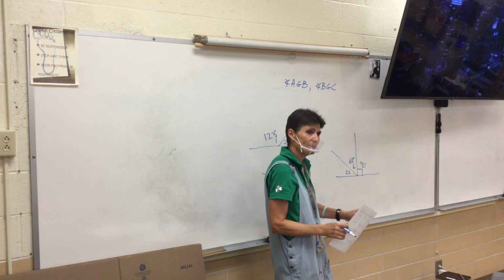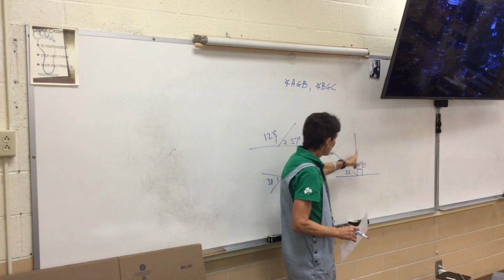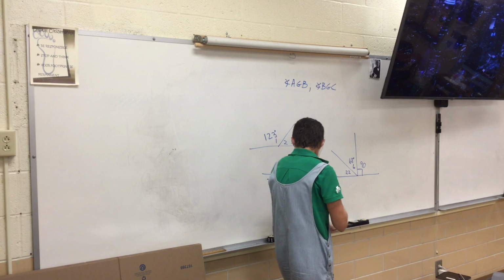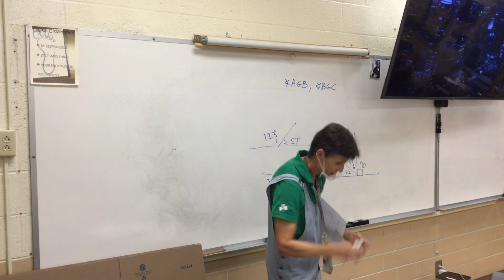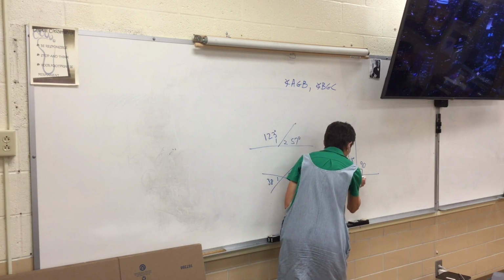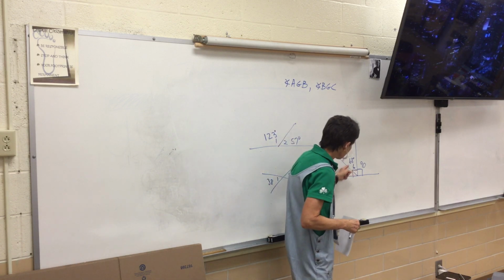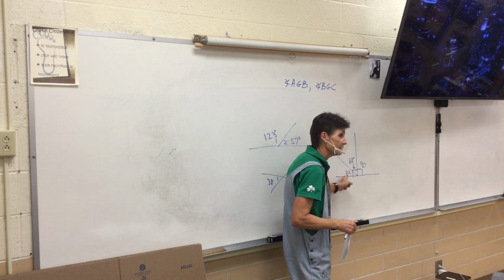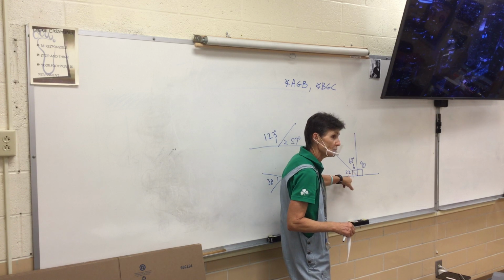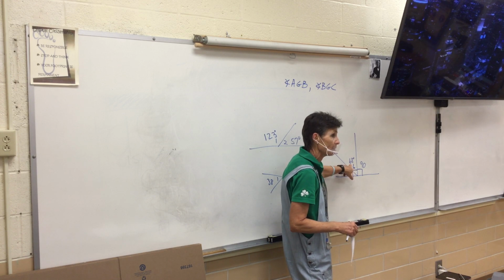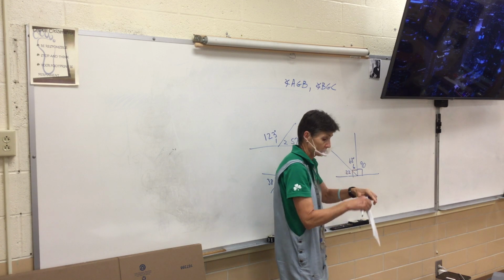Now I want to make sure that makes sense to everybody. If this side is 90, then so is this side. So since these together make 90, and I know that one's 22, if I subtracted right, that one's got to be 68.